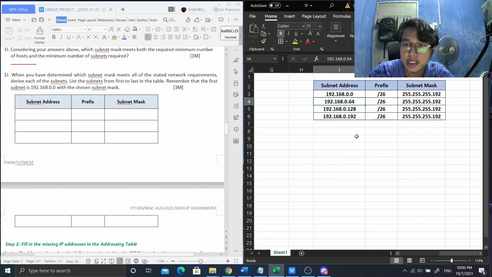So for the next subnet address, we just add 64 plus 64, and the answer is 128.